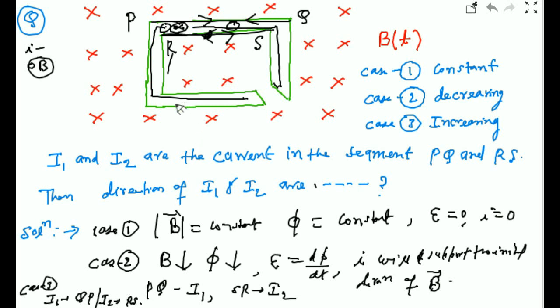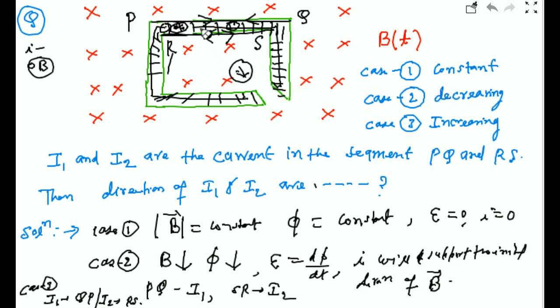The first point is very important, you have to think about which one is the closed section. This is open, so there is no magnetic flux in this. The first criterion is that we must have a closed loop, and the closed loop is only this part. In the first case the magnetic field was not changing, which means the flux is constant. In the second part, flux is decreasing because the magnetic field is decreasing, so the induced current will try to increase the magnetic field.